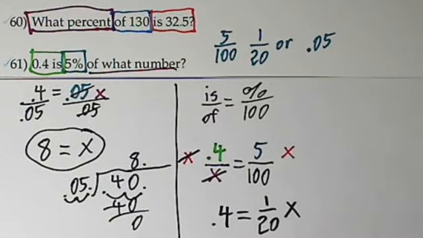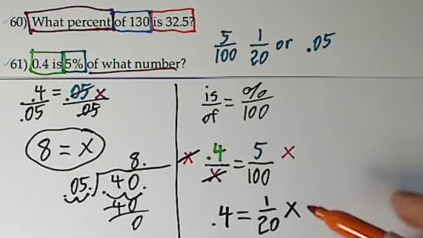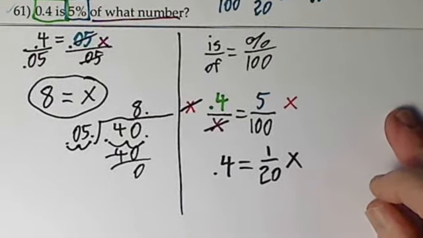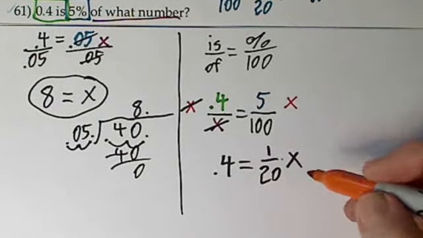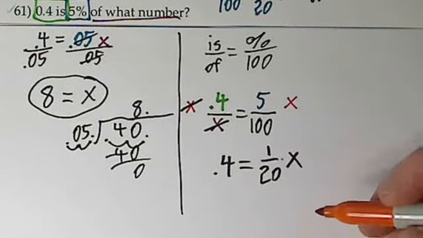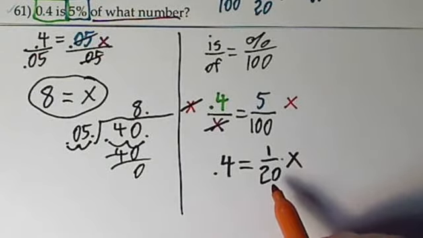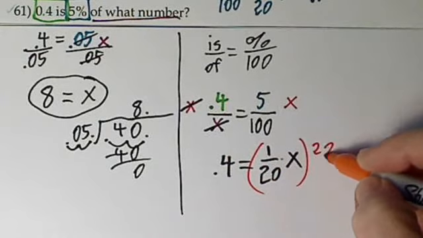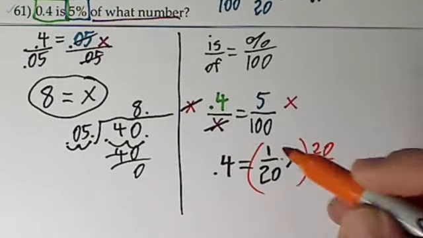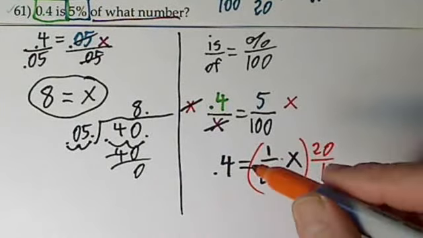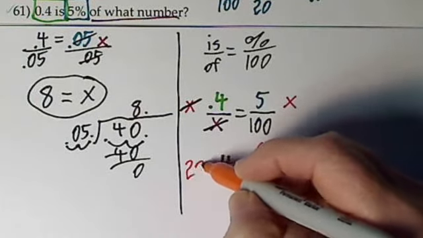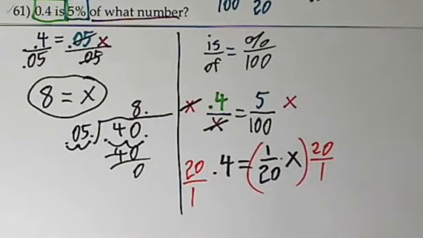Now I want x by itself. Means I want to get rid of 1/20. I have to slide this up. It's held there by multiplication, so the opposite is division. When you divide by a fraction, you flip it and multiply. So I multiply by 20 over 1.